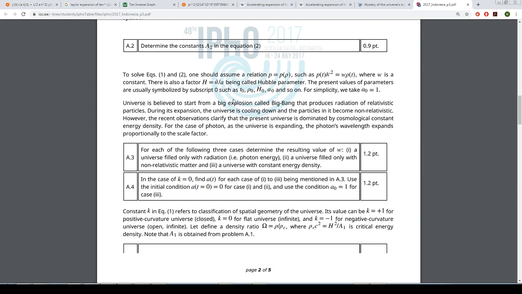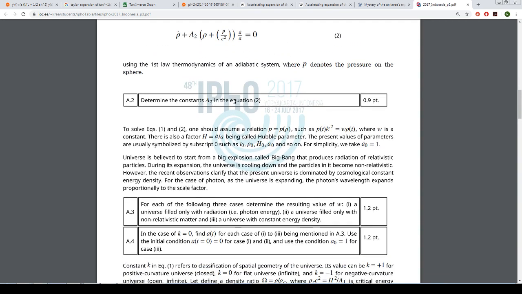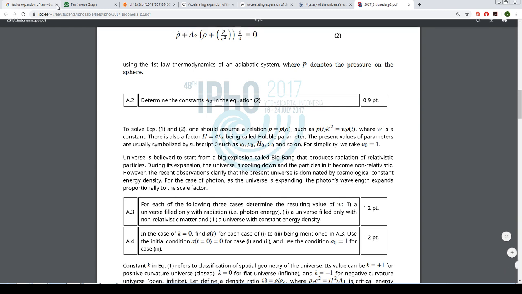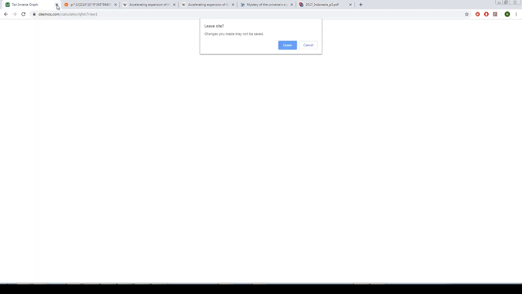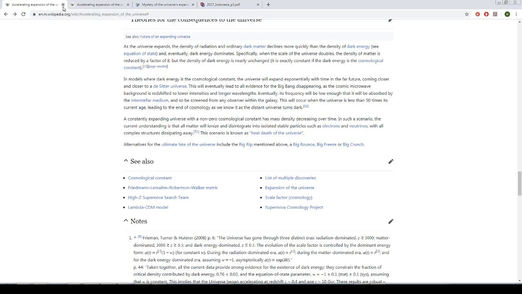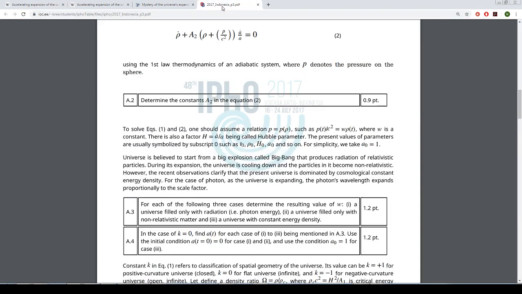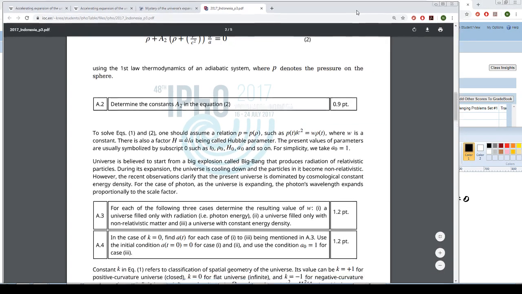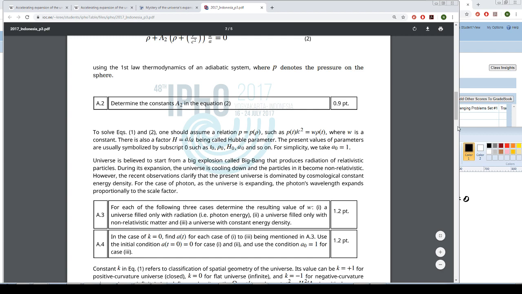So I think we need to use the previous equation. Try to make some space here.